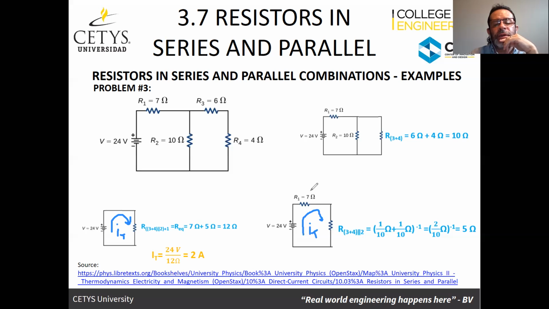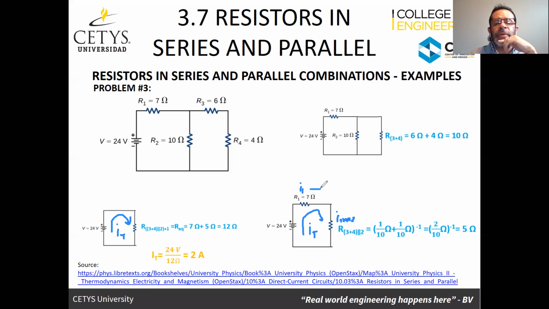And it's actually going to be the same current that we have because it's a series connection. It's going to be the same current that we have for R1 and for this array here, which is 3 plus 4 parallel 2.